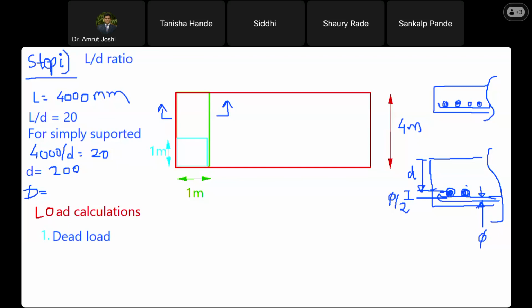Happy? Yes, sir. So it is 200 plus 1.5 times 5 plus clear cover. And how much is the clear cover that we provide? We provide 25 mm. Are you with me? Yes, sir.